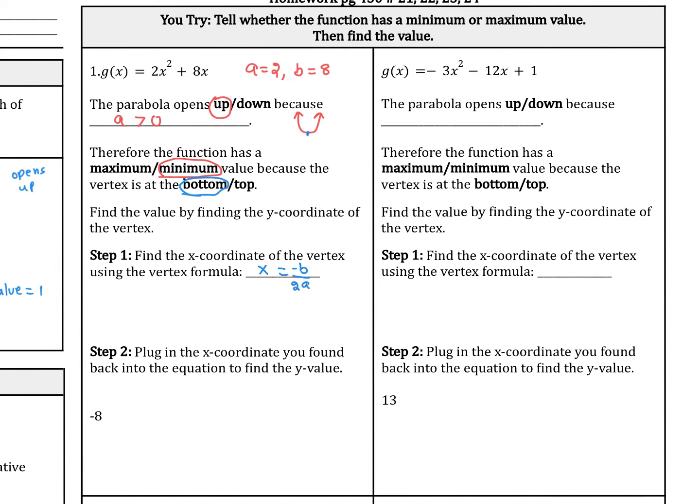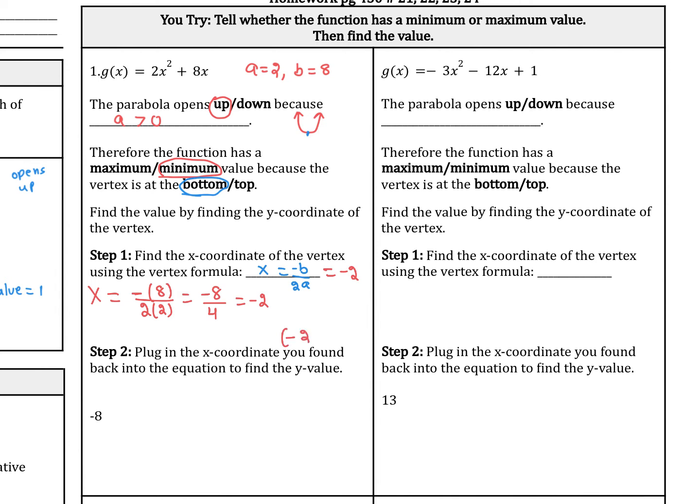So x equals negative 8 divided by 2 times 2, and that's going to be negative 2. So the x coordinate is negative 2.